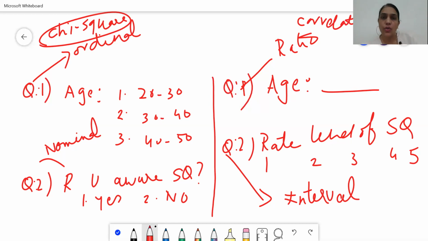So now, your statistical treatment, whether you want to go for correlation or chi-square, is dependent on the question choice. How your variables are quantified by you determines whether you will go for correlation or chi-square. So normally, this way you have to decide the statistical technique.